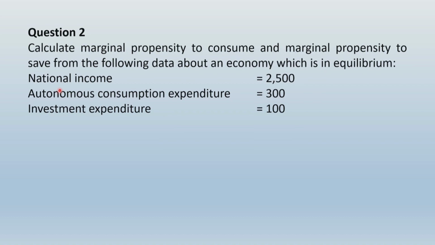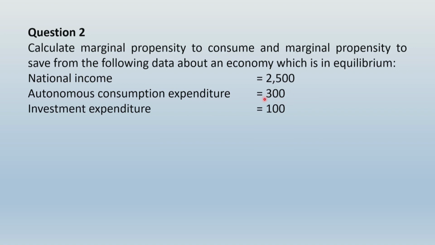Y is the variable which is an independent variable indicating the total income, and B is the marginal propensity to consume, and A was a minimum level of expenditure without which people will not survive. That is this autonomous consumption expenditure, that is 300 in this case.